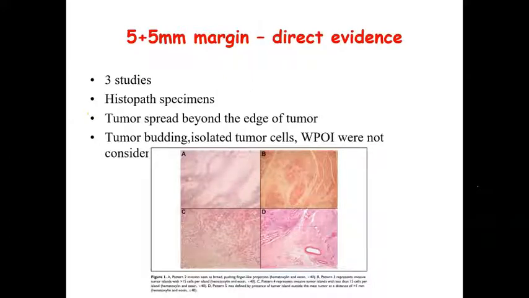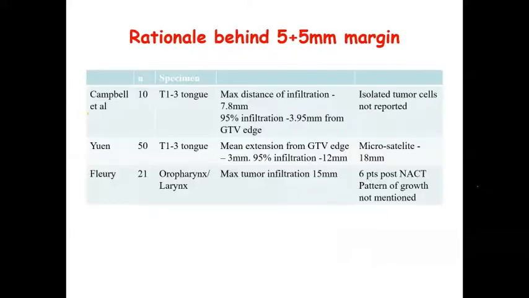They did not exactly look into the tumor budding pattern or isolated tumor cells or the worst pattern of invasion, because at that point in time, neither were these terminologies extensively understood, nor were they extensively considered. They have partly considered these also.